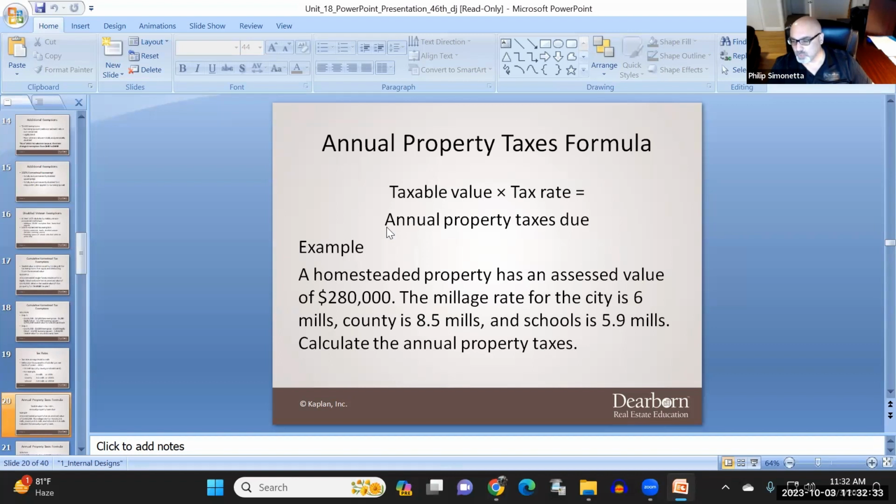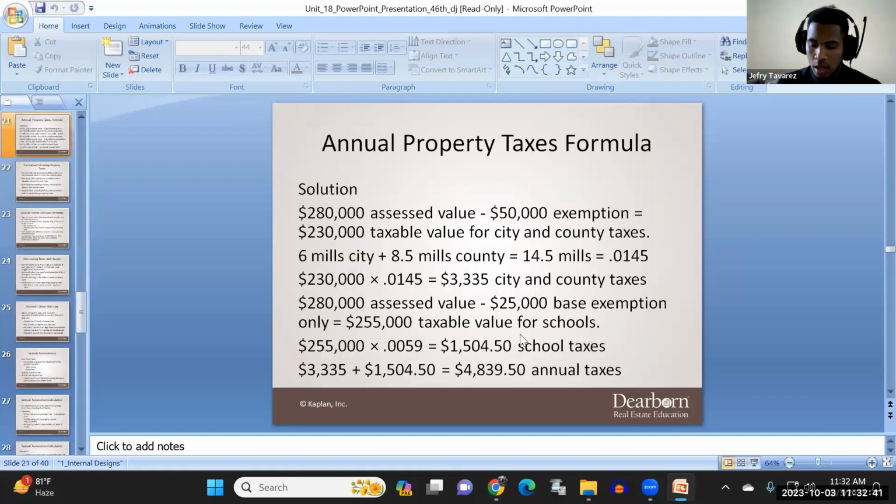Okay, give me the totals. Don't give me the breakdown. What'd you have for school and what'd you have for city and county? Okay, so for city, I have 1380. For county, I have 1955. For school, I have 1504 with 5 cents. Okay, you got the school. Add the city and county together. What's the total? 3335 and 1504.50? Yes, 1504.50 for school.